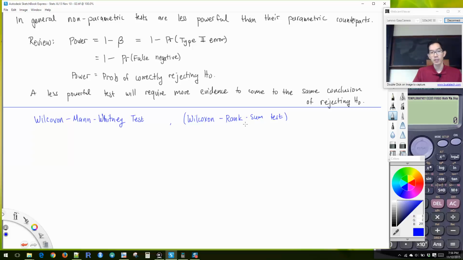Okay, and so we use it to compare two populations based on two samples.